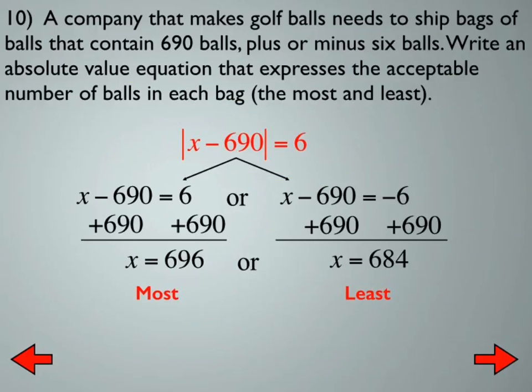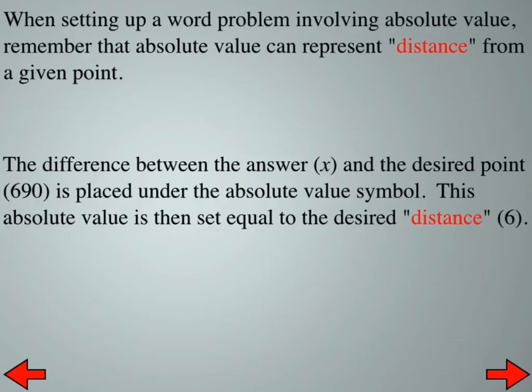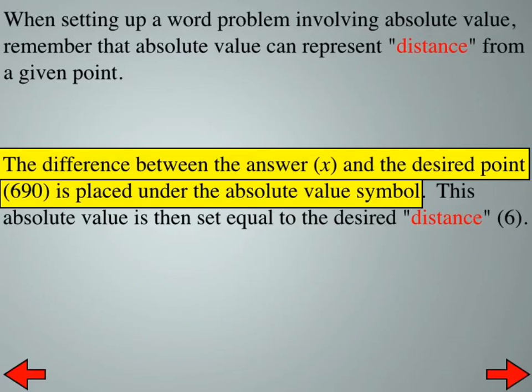Okay, so now, let me sort of summarize this. And I know that you have a sentence frame here where you have to fill in a blank spot. But when setting up a word problem involving absolute value, remember that absolute value can represent distance from a given point. So, the difference between the answer and the desired point in that last problem, 690, is placed under the absolute value symbol.